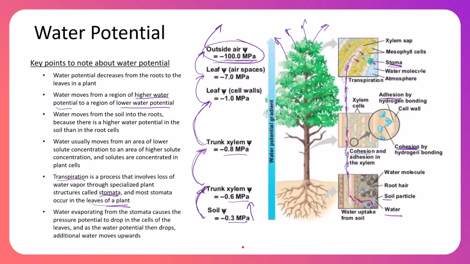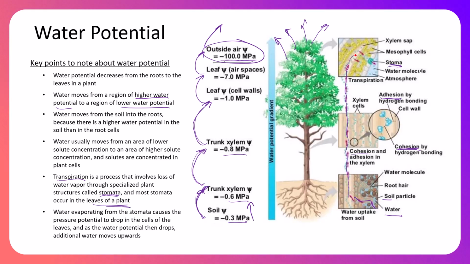Water evaporating from the stomata causes the pressure potential to drop in the cells of the leaves, and as the water potential then drops, additional water moves upwards. Again, as the water is evaporating out of the leaves, they're actually creating a vacuum behind them, and that's causing the pressure even in those plant cells to drop.